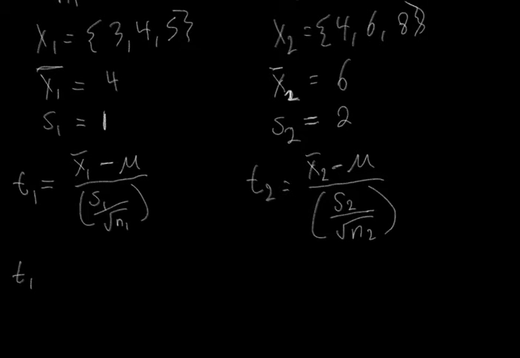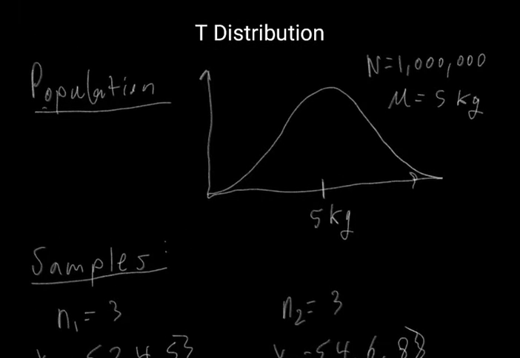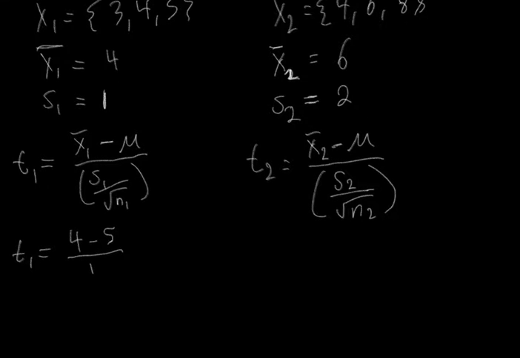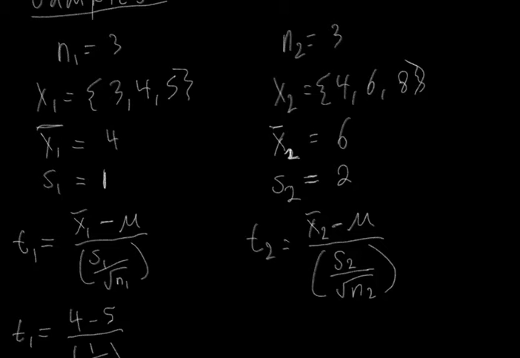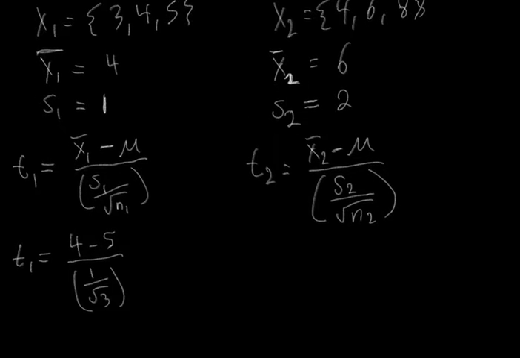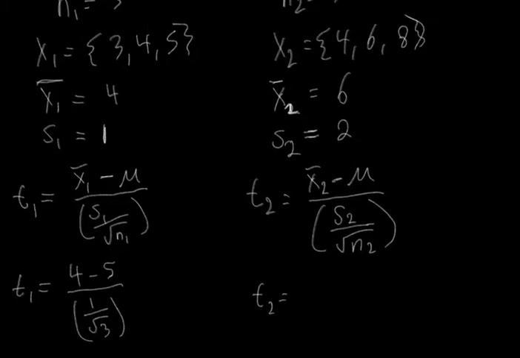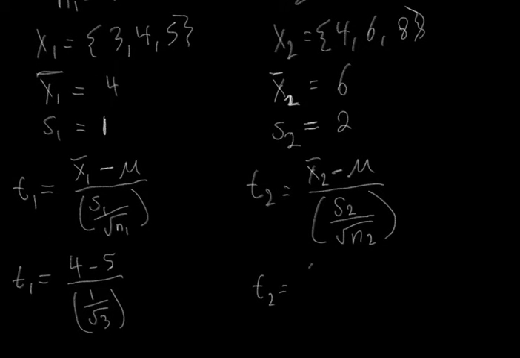So for t1, we have 4 subtract 5, divided by 1, divided by the square root of 3. So I'm just filling in these values that we have for each sample. And then for t2, we have 6 subtract 5, divided by 2, divided by the square root of 3.